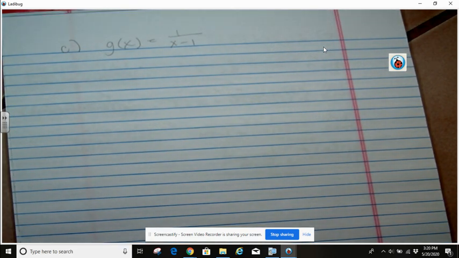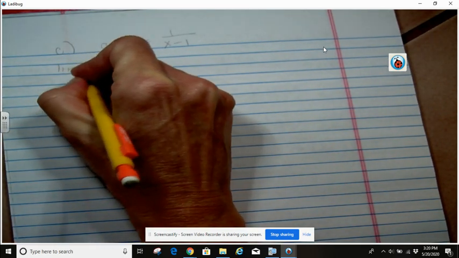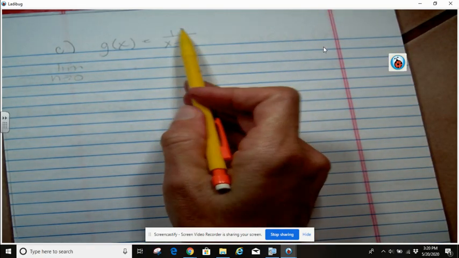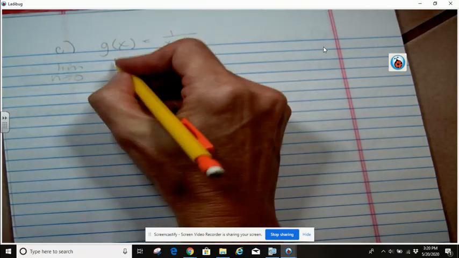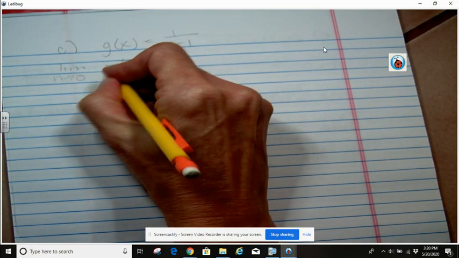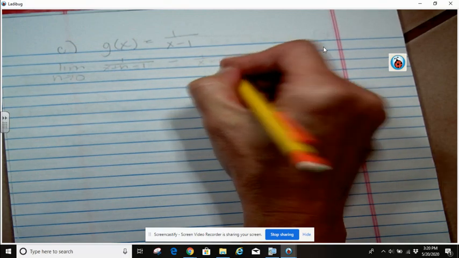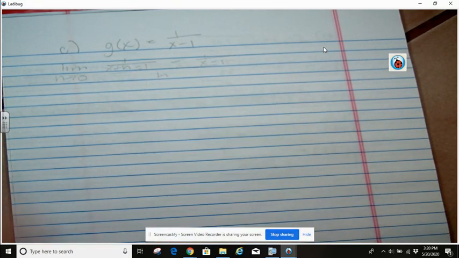Given no x value and no ordered pair, I want to use the formula that's the limit as h approaches 0. First we need f of x plus h, so replace this x with x plus h, minus the function as given, all over h.